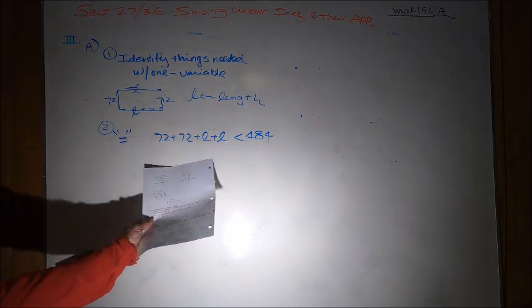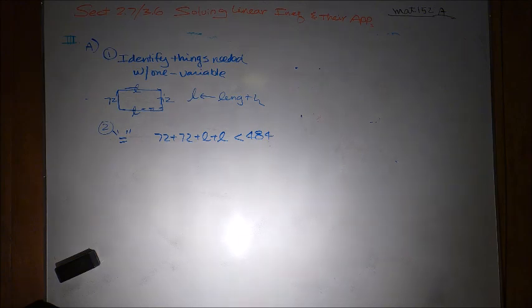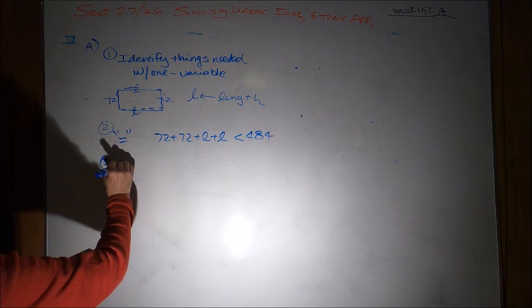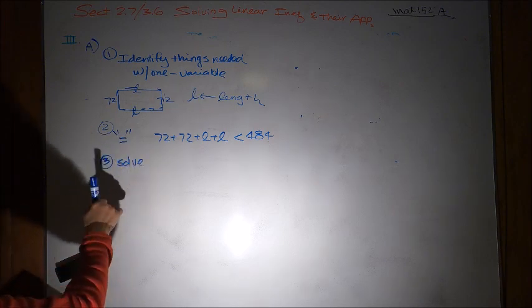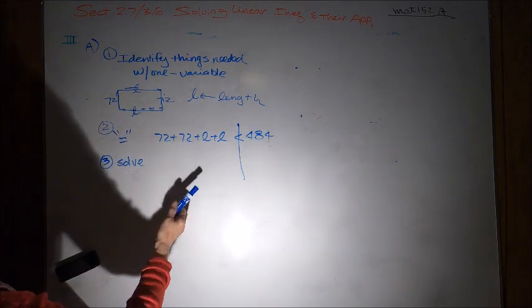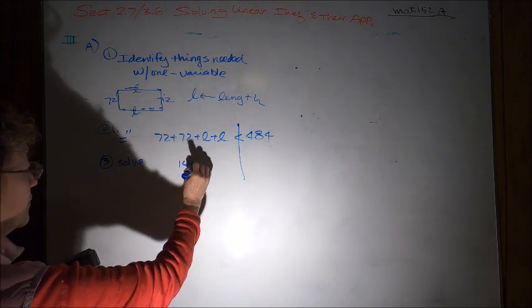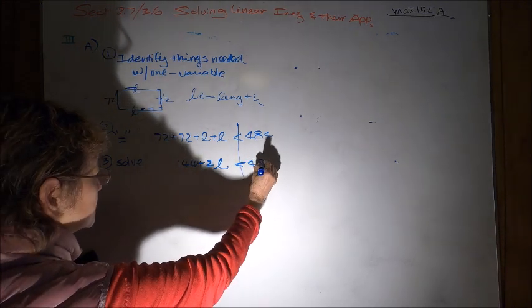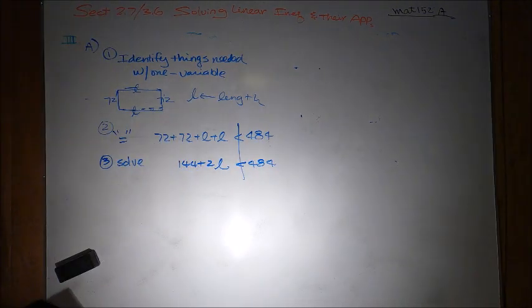So what kind of thing do we have? We call this one a linear inequality, right? Then what do we do with it? We try to solve it. Then you combine like terms. That would be 144 plus 2L, less than this, right?